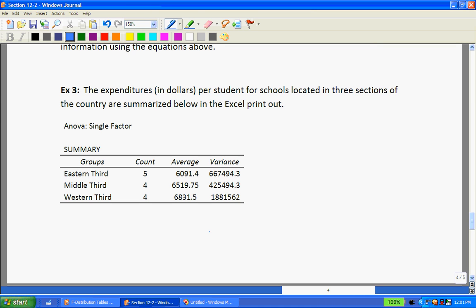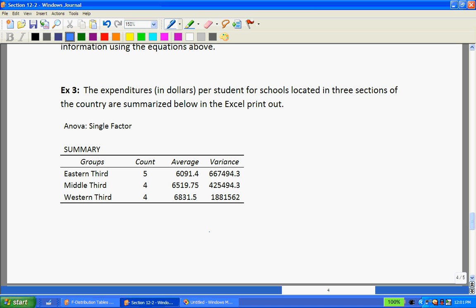What we're trying to figure out is, among the sections of the country, are they spending about the same amount per child? Again, you don't want to just look at the numbers and make that decision. Yes, looking at the West, it looks like the West is spending more per child than the Eastern, but you also have to take into consideration the size of the sample and the variance, because the variance can affect whether that is really a significant difference, or not a big difference at all.